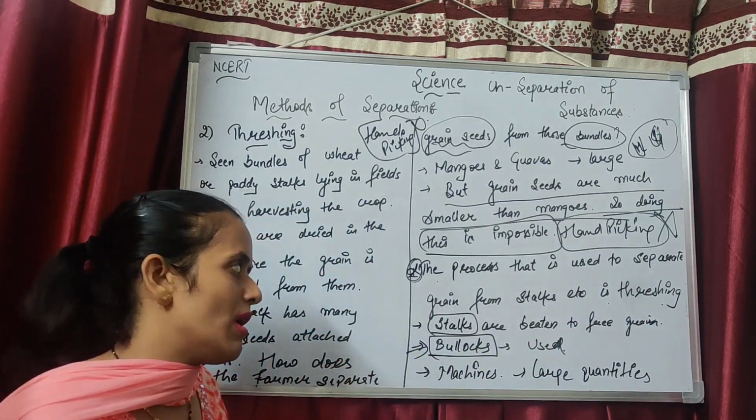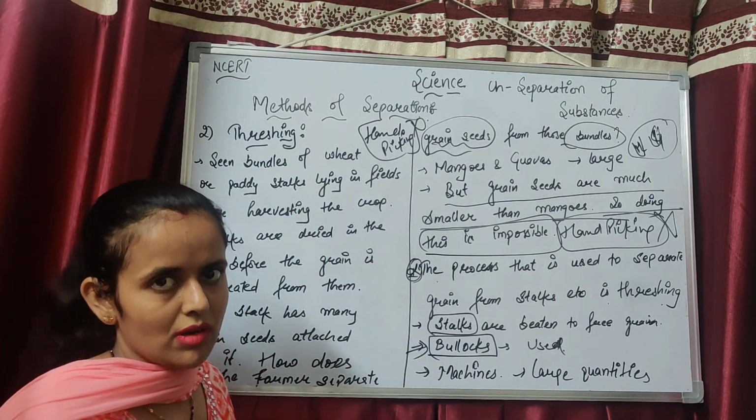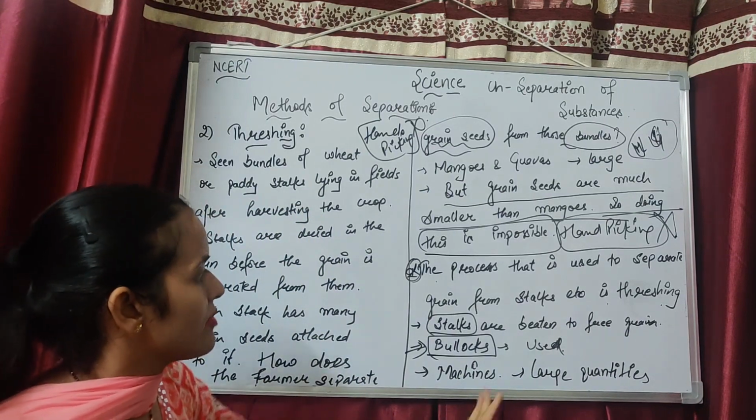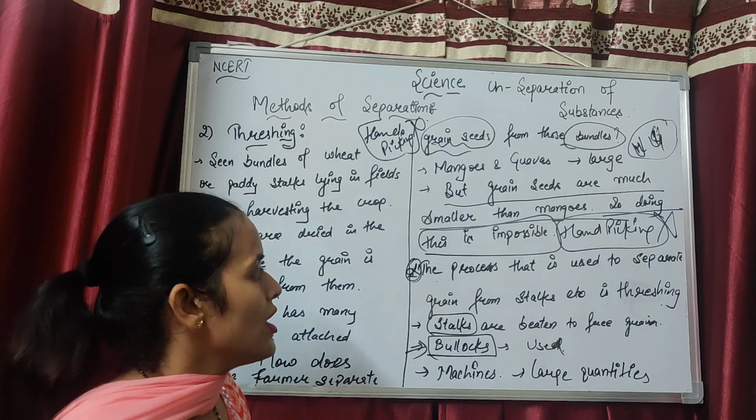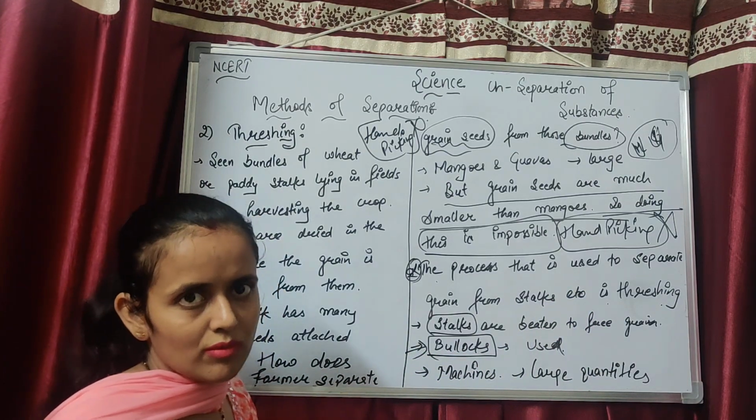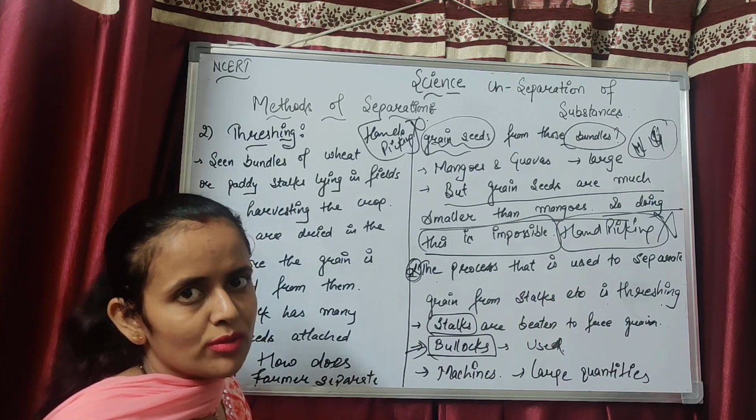Today a man cannot do this with so much energy. This is very large work and needs a lot of energy to beat the stalks on a stone and free the grains from the stalks.